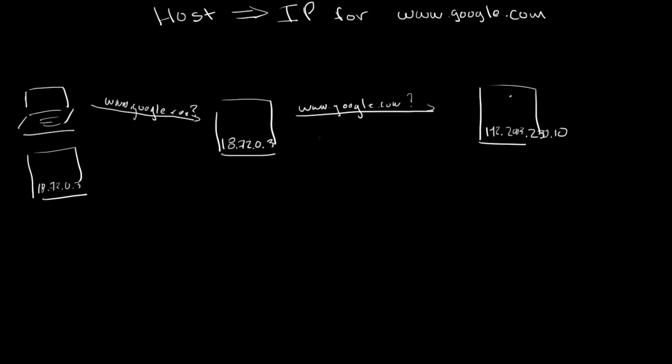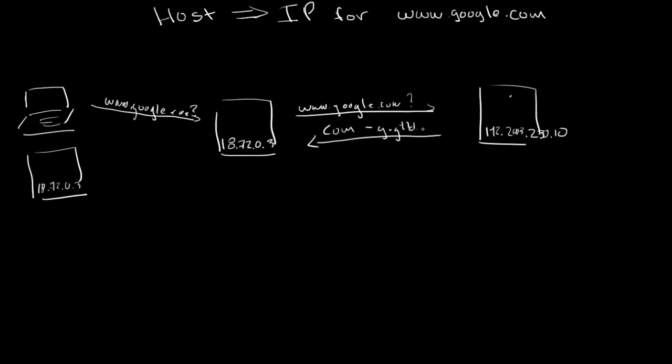Now, the root server would not know the IP, but it would know the IP address of the COM server, of the top level domain servers. So it would reply with COM, the address for that, and this happens to be one of the top level domains for the COM servers. And so this would be GTLD.